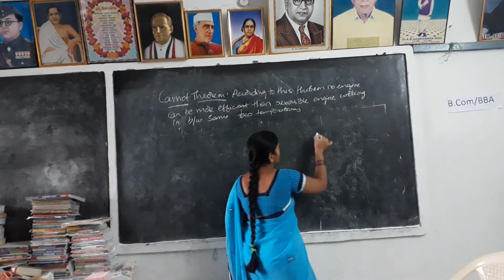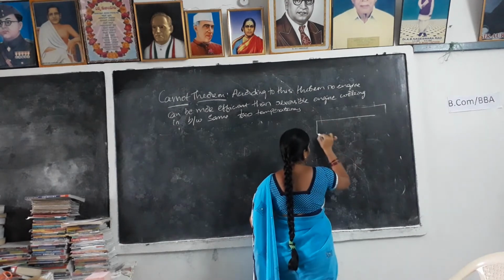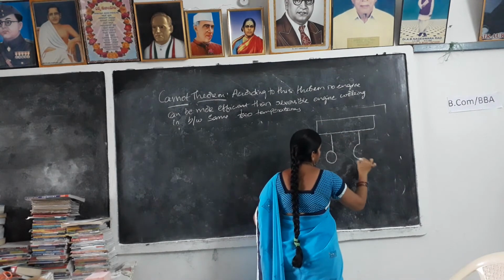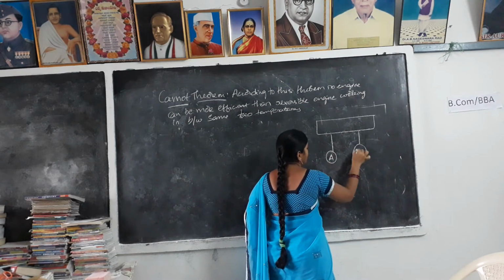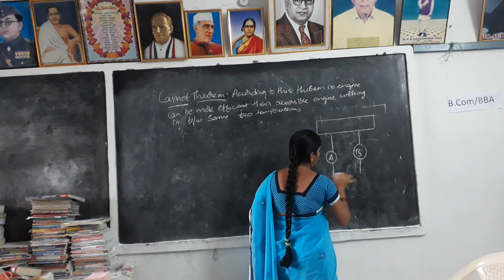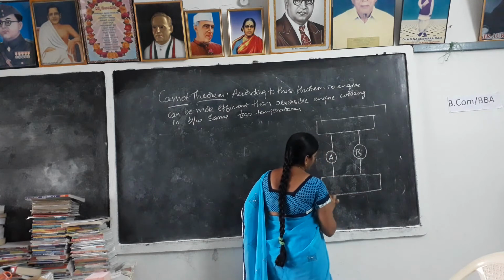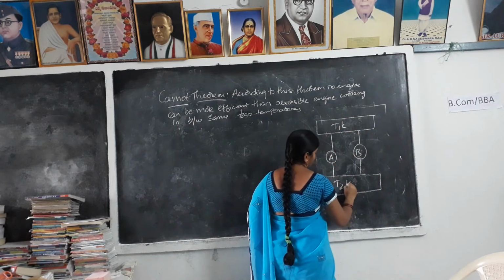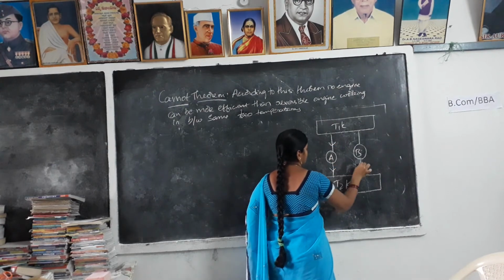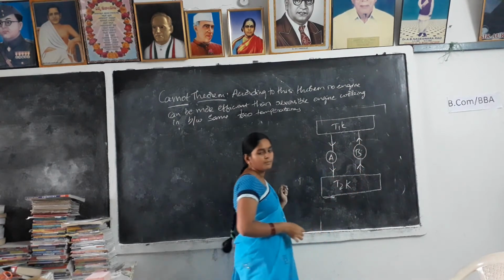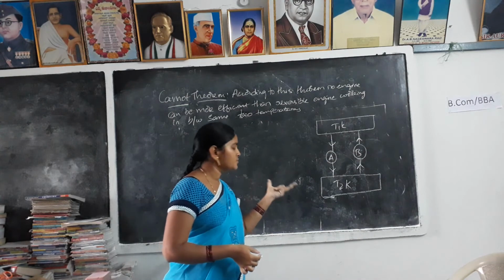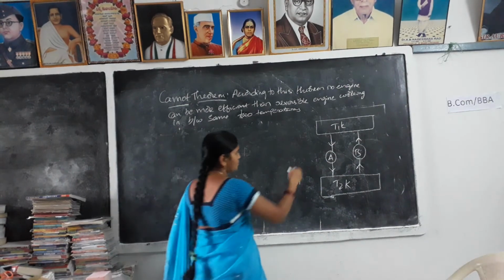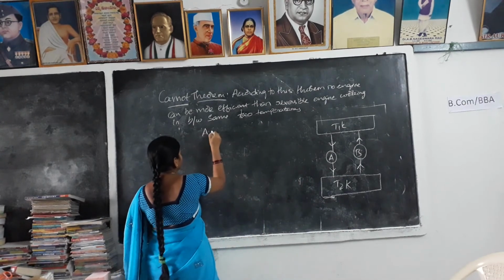And one more example, if we consider two bodies A and B which are also placed in between two temperatures, here we consider the two bodies which are between two temperatures and both are reversible.